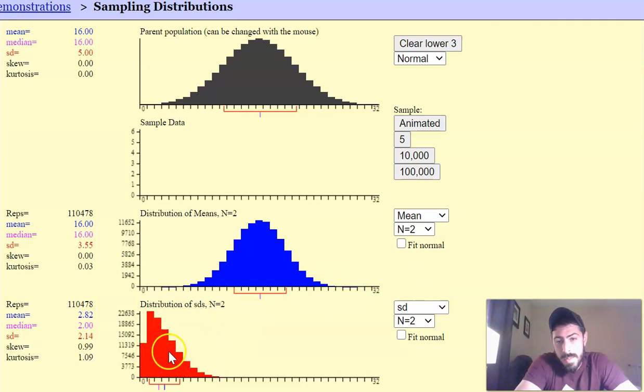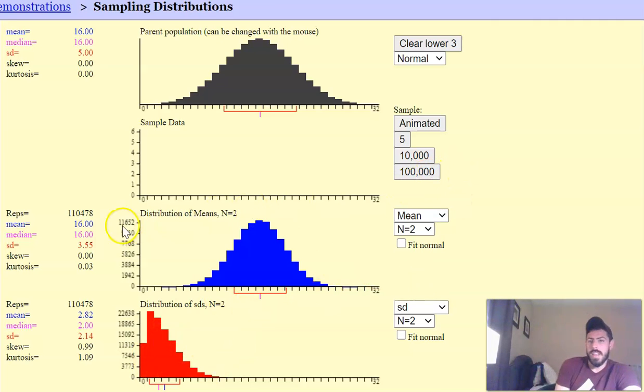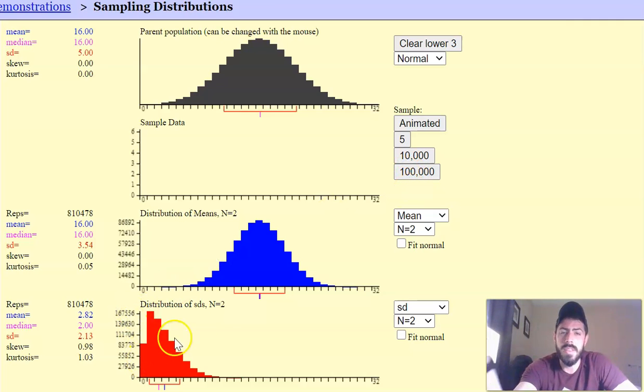The same can't be said for the standard deviation, but it is what it is. The standard deviation looks a bit skewed. That's okay. So basically, even with a small sample size for each individual statistic, we got a pretty good sampling distribution.